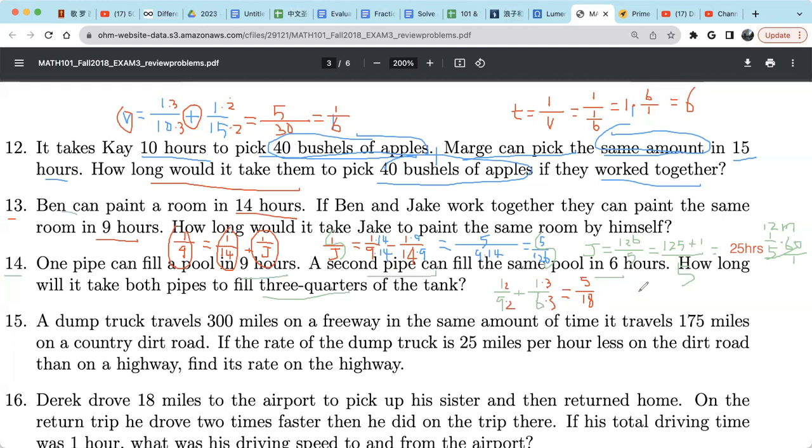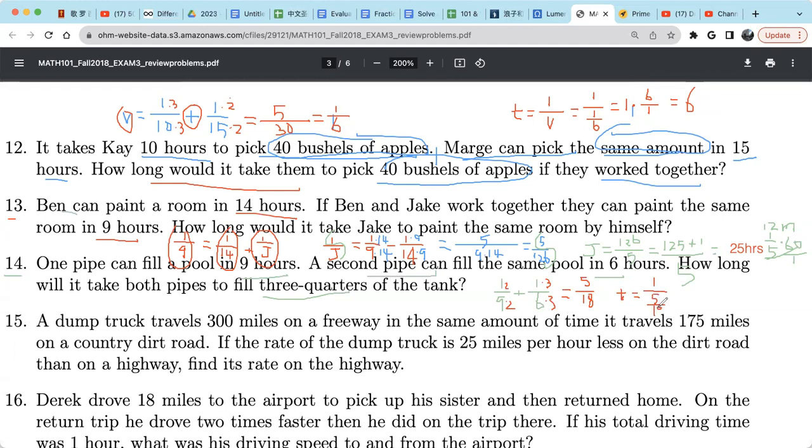And how long does it take to fill the whole tank? That would be T equals 1, the job done, over the speed of working together, which is 5 over 18.